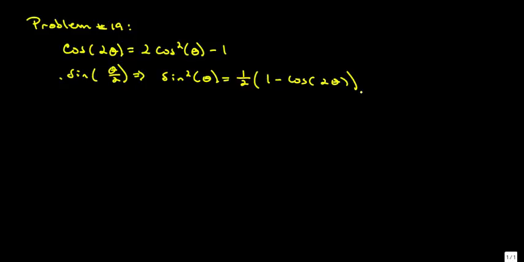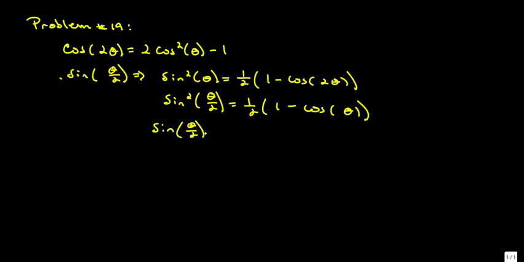And now what we need to find is the sine of half of the angle. So I'm going to rewrite this like this. The sine squared of the angle over 2 should then be equal to 1/2 times 1 minus the cosine of the angle. So I want to get the sine of the angle over 2. Remember, this over here is sine theta over 2 times sine theta over 2.